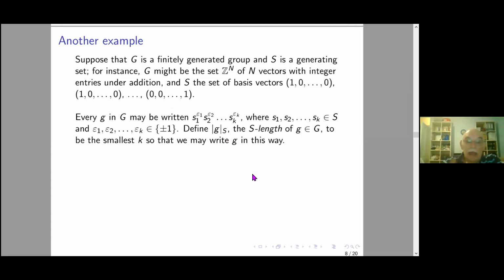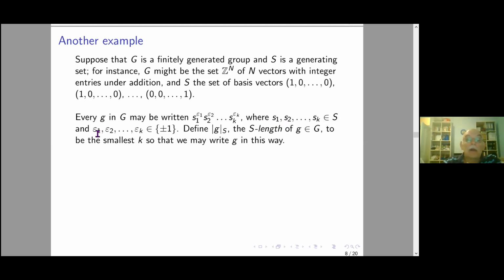And in the language of group theory, every element of the group can be written as a product of one of the generators to some power, another generator to another power, and so on, where these S1 and S2 are in my generating set.